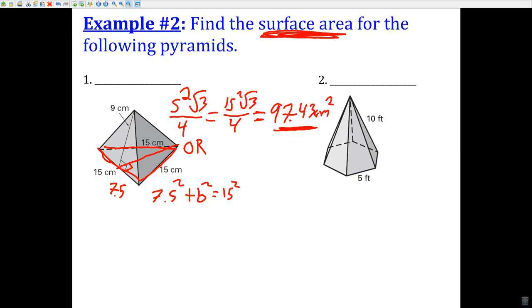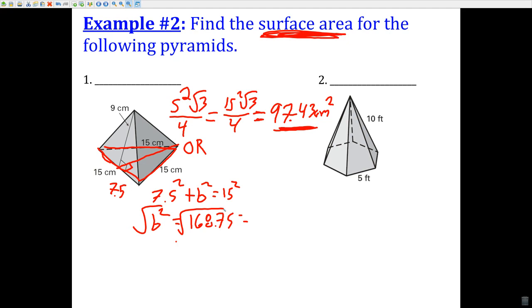I could do it right now. 15 squared minus 7.5 squared. I think it was 12. Nope, totally wrong. Oh, I know what's going on. You get 168.75, and then you gotta take the square root of both sides, and then you get about 12 point whatever.